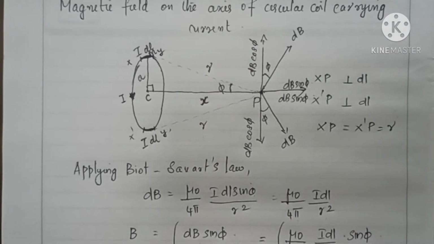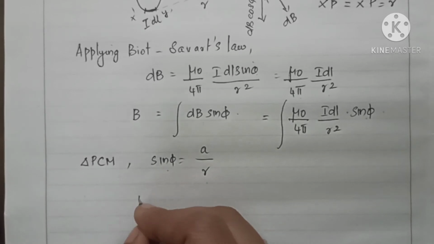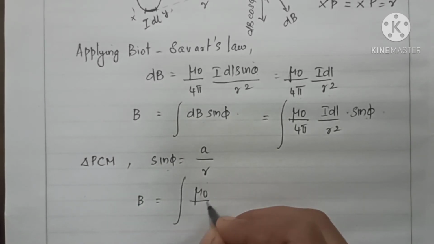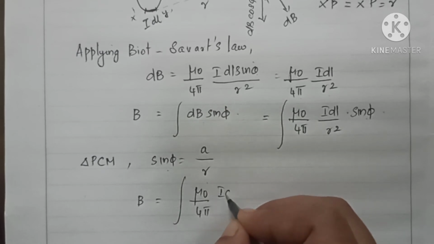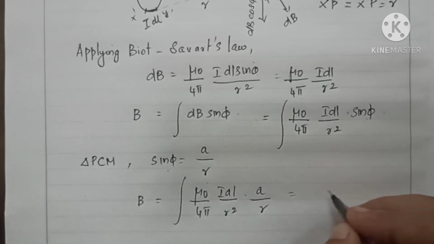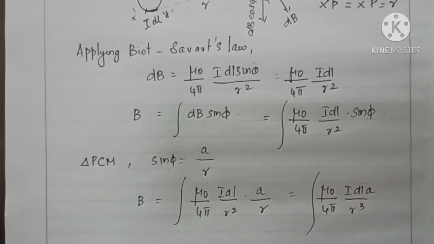So sin phi equals a by r. Substituting the value here, B is equal to integral of mu 0 by 4 pi I dl by r square into a by r, that is mu 0 by 4 pi I dl by r cube. Is that much clear for you?